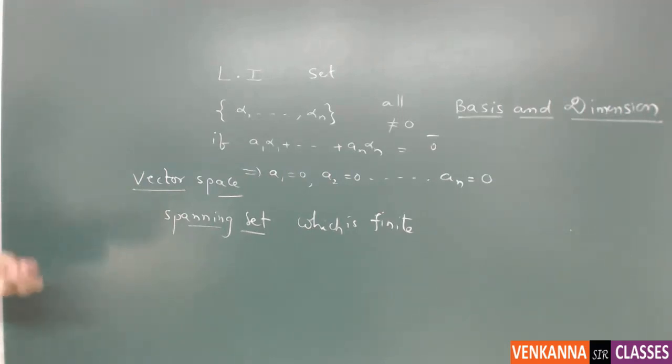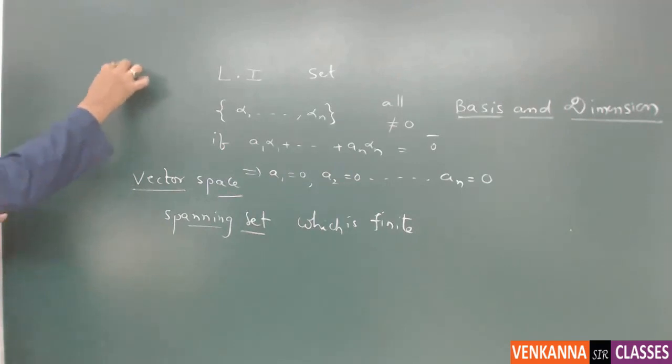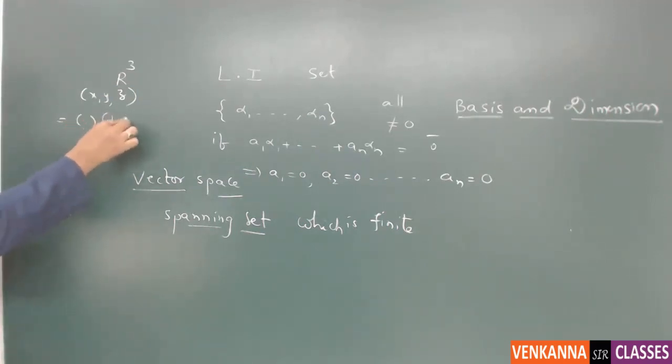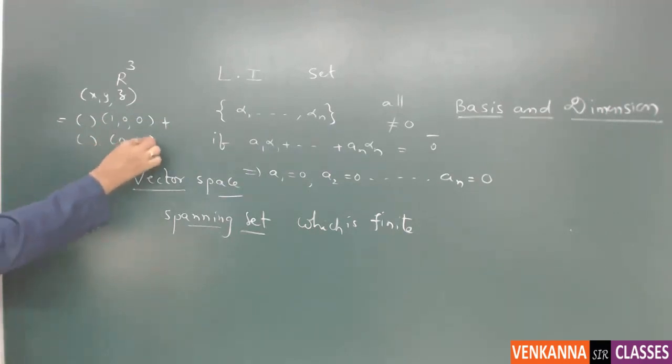A very simple example: take the three-dimensional system R cube, with x-axis, y-axis, z-axis. Whenever you take a 3D point or 3D vector in R cube, it can be easily written as a linear combination: some number into 100 plus some number into 010 plus some number into 001.